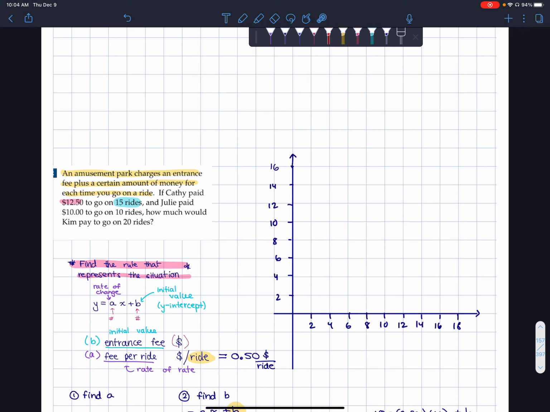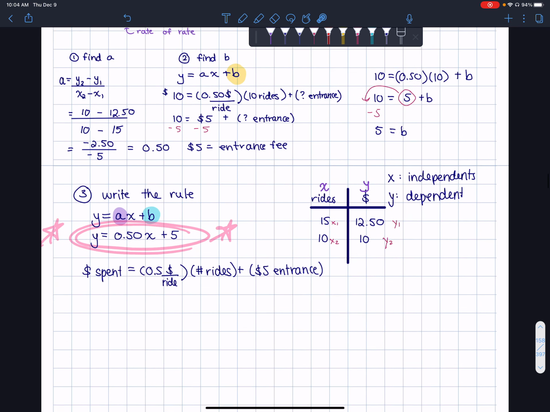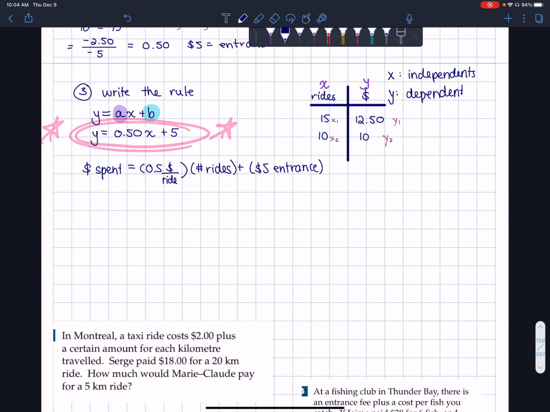So now the question is, how much would Kim pay to go on 20 rides? Use the rule to answer the question. Okay, so Kim goes on 20 rides.